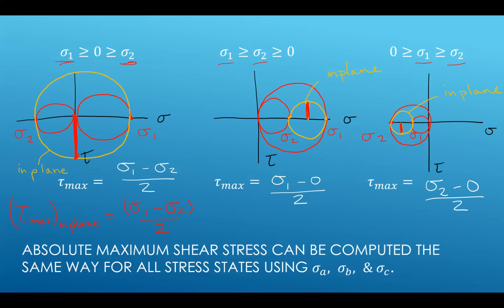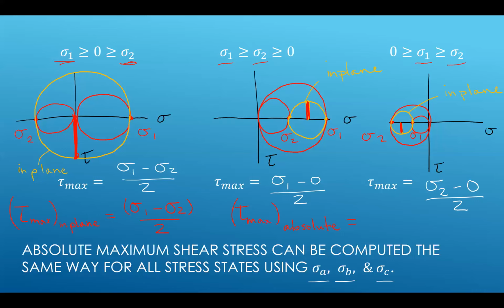But when it comes to your absolute maximum, tau max absolute, the equation appears to vary. But if we substitute sigma A, sigma B, and sigma C into these equations, we'll see it's actually the same formula.